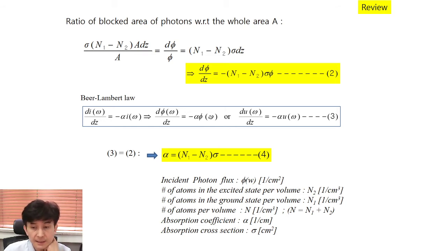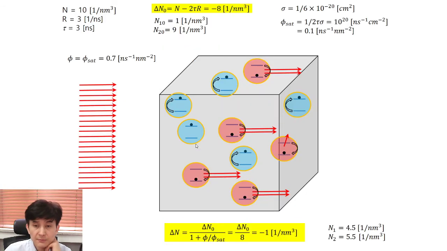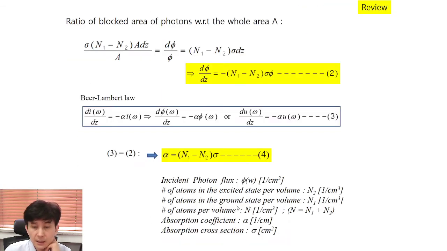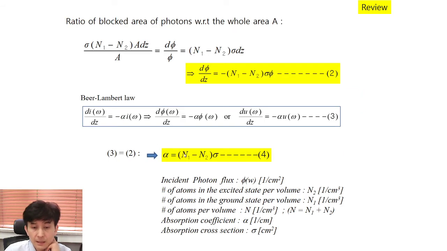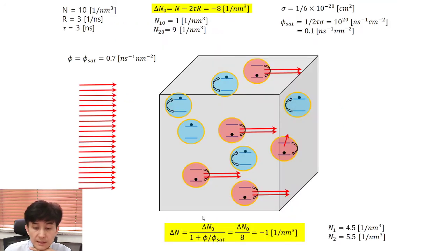So alpha is the gain coefficient and sigma is the cross section, and the delta n is the population inversion we obtain from here. We can calculate the variation of the absorption by using the number of photon changes or the population inversion obtained with this equation.